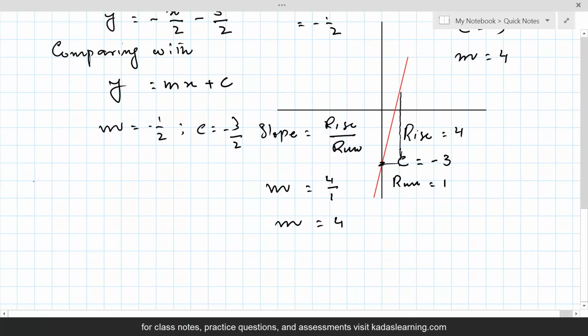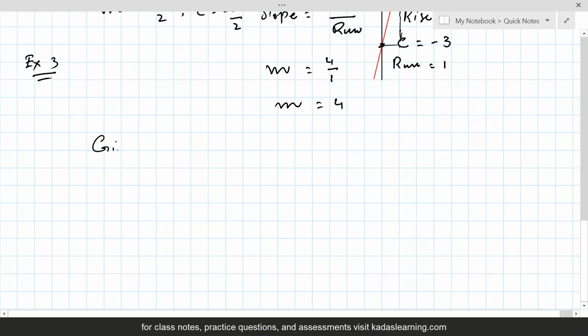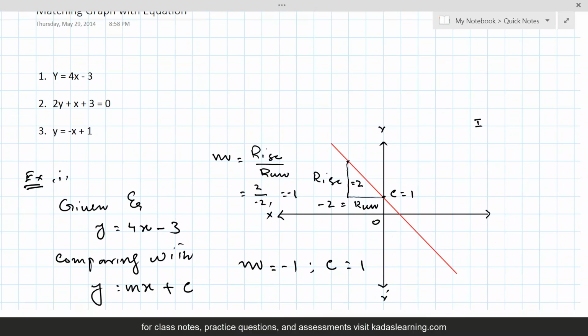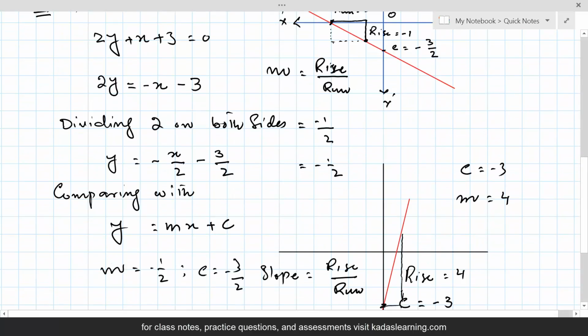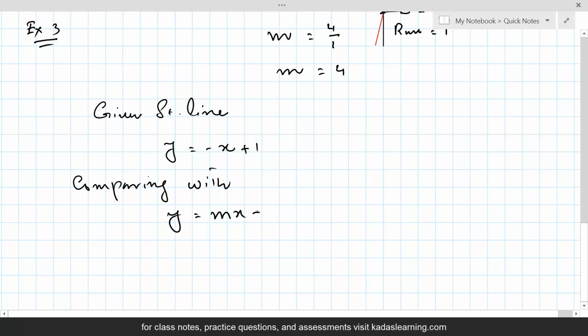And for example number 3, given straight line is y is equal to minus x plus 1, and we can compare it with y is equal to mx plus c.